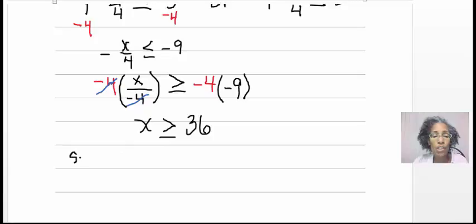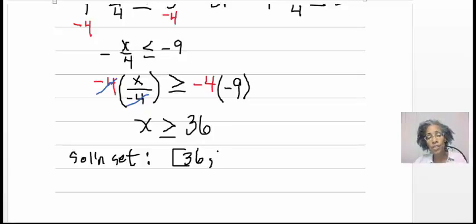So my solution set then as an interval, I have a left bracket because the 36 is included, and then an infinity symbol indicating that I can include 36 and anything to the right of 36 in the solution set.